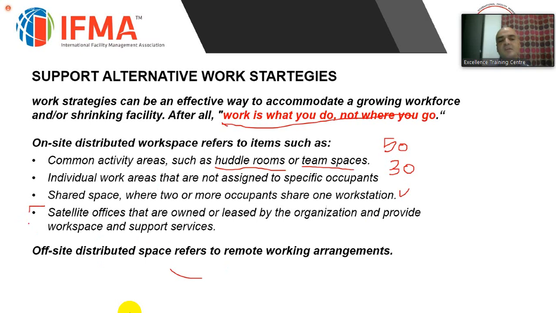So satellite offices, if you know Regus, for example, they are an international company, and this is a perfect example for that. These are what they call serviced offices. You can go and rent a workstation from them, and you can even have a contract with them. They have offices all over the globe.